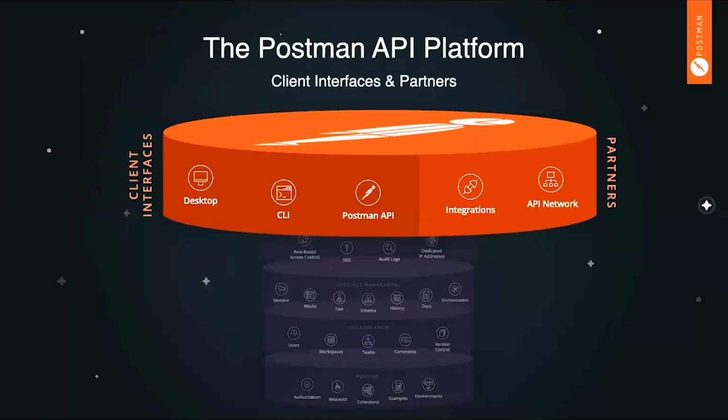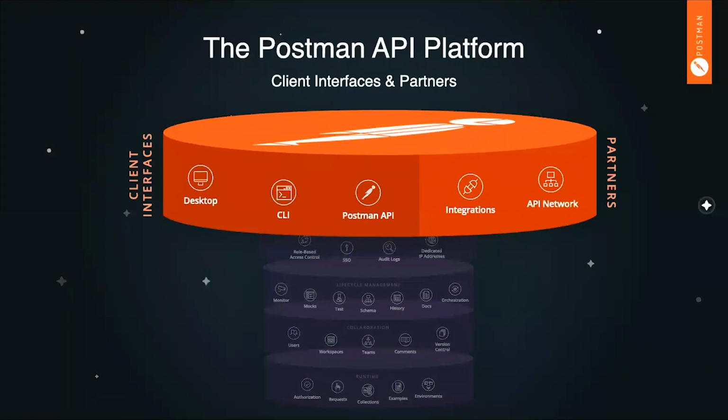So the interfaces for being able to work with Postman, most people are familiar with the desktop client. Those of you who use Newman are familiar with the CLI. I would say fewer people are aware of the Postman API. Because we're an API service provider, we have APIs.